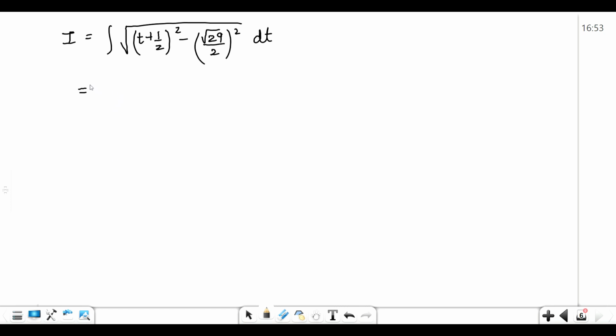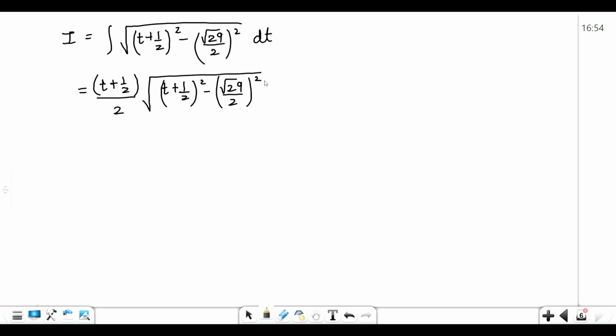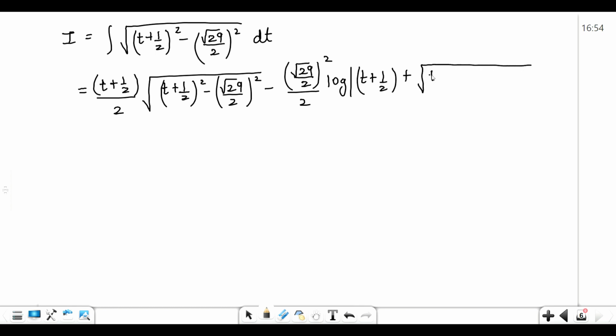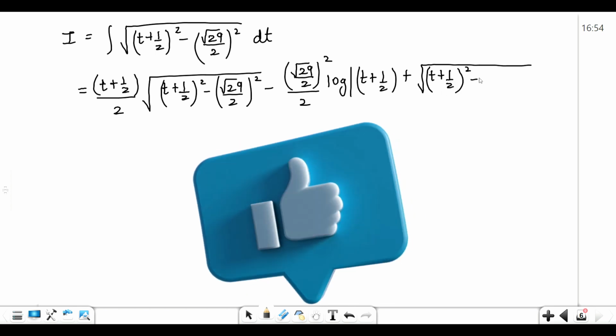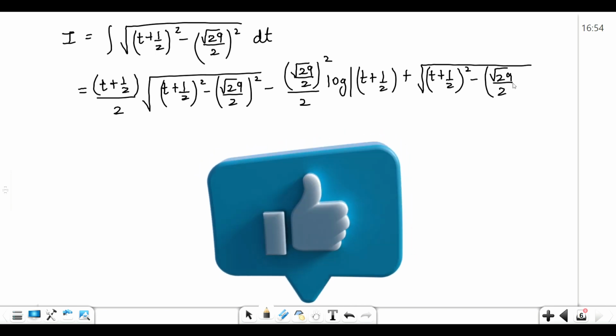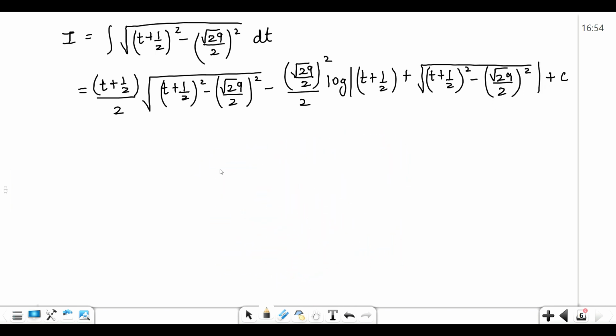Okay, so t plus 1 by 2 upon 2, then square root of t plus 1 by 2 the whole square minus root of 29 upon 2 the whole square, minus root of 29 upon 2 square upon 2, and this gives you log mod t plus 1 by 2 plus square root of, this whole thing will be repeated again, t plus 1 by 2 the whole square minus root of 29 upon 2 the whole square, close the mod, plus c.